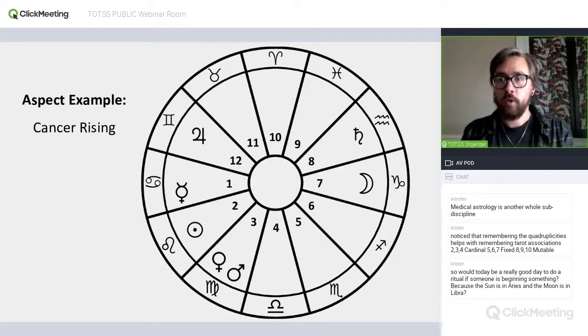All right, so here's just a quick aspect example. I won't go through all the aspects here, but just to show you some of the logic of whole sign aspects, we don't need to know what degree the planets are at to know their whole sign aspects. So let's just do a couple here. We'll start with the Moon. The Moon is in Capricorn here, and Mercury is in Cancer. So the Moon is opposite to Mercury.